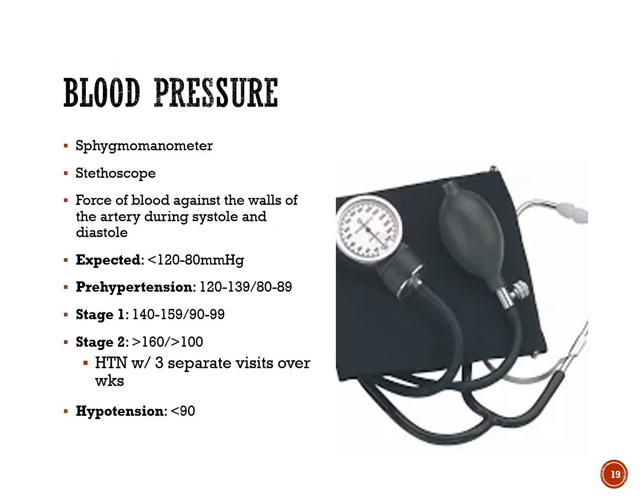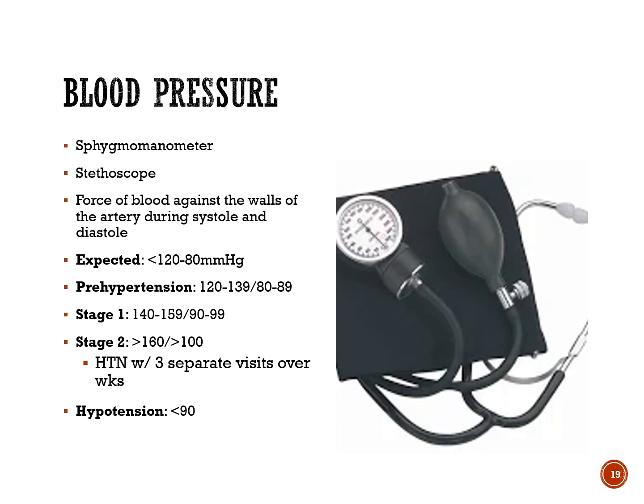Blood pressure. Okay, so you're going to need the blood pressure cuff and a stethoscope. So how do you get blood pressure and what is it? It's the force of blood against the walls of the artery during systole and diastole. So these are the expected ranges. The systolic should be 120 and the diastolic should be less than 80.